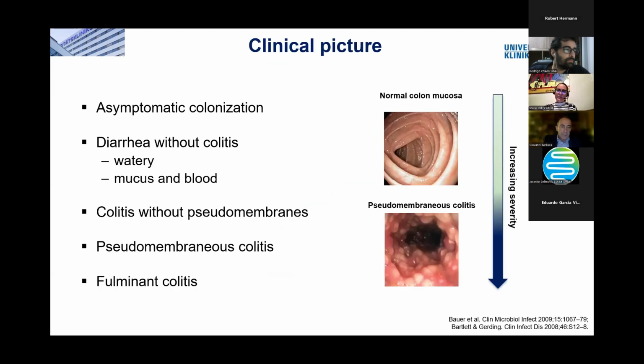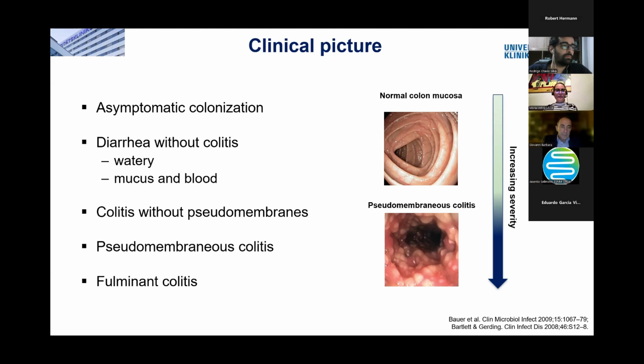So we have these different factors that contribute to whether or not the spores will transform into the vegetative form and produce toxins. This explains why there are so many different severities of disease that we see in clinical practice.